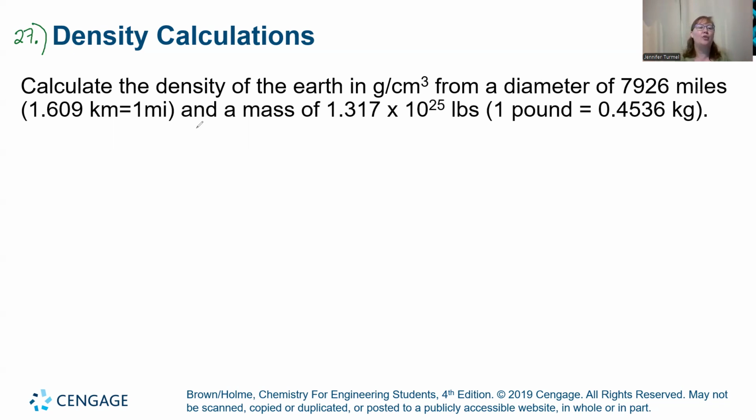And here you have the conversion from kilometers to miles, and a mass of 1.317 times 10 to the 25th pounds, where 1 pound is equal to 0.4536 kilograms. So real quick, let's just isolate a few things here. Here we have 4 significant figures, and 4 significant figures.